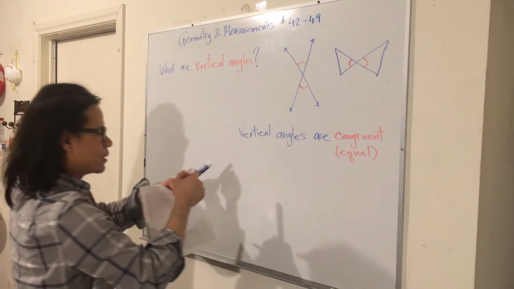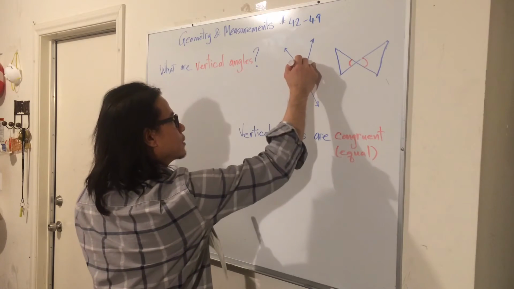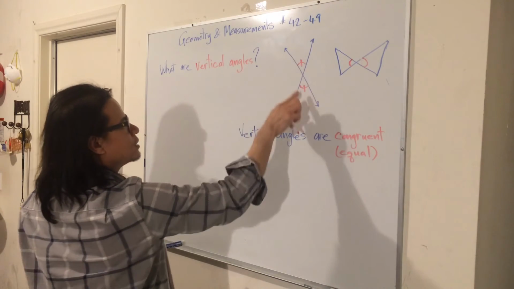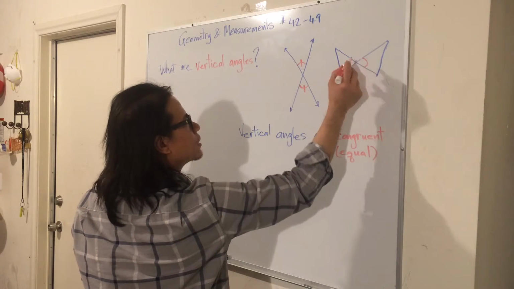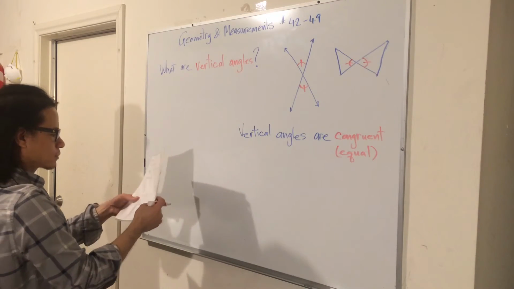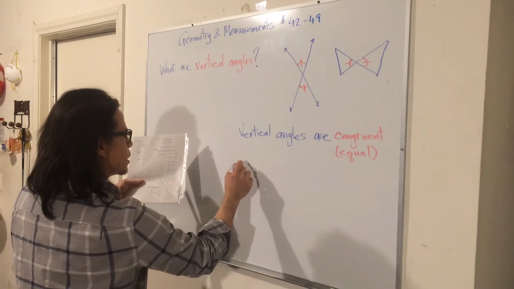So in other words, this angle is the same as this angle here. If that's 15, this is 15. So this angle is the same as that angle there.